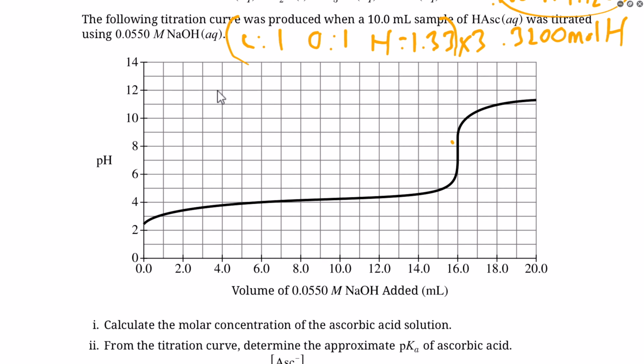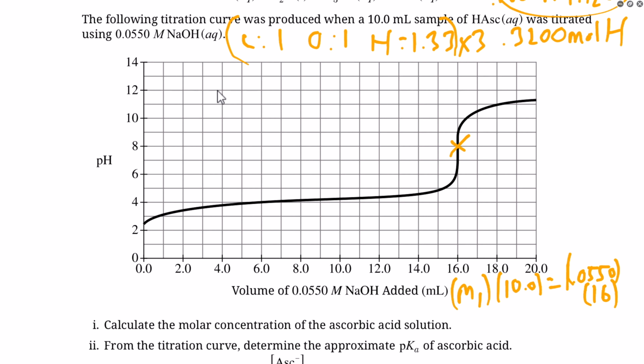So the equivalence point's right here at 16 milliliters. What that tells me is that the concentration of acid, which we'll call M1, we use 10 milliliters of it, so 10.0, equals the concentration of the base, 0.0550, multiplied by the volume of base that's added, which is 16 milliliters.